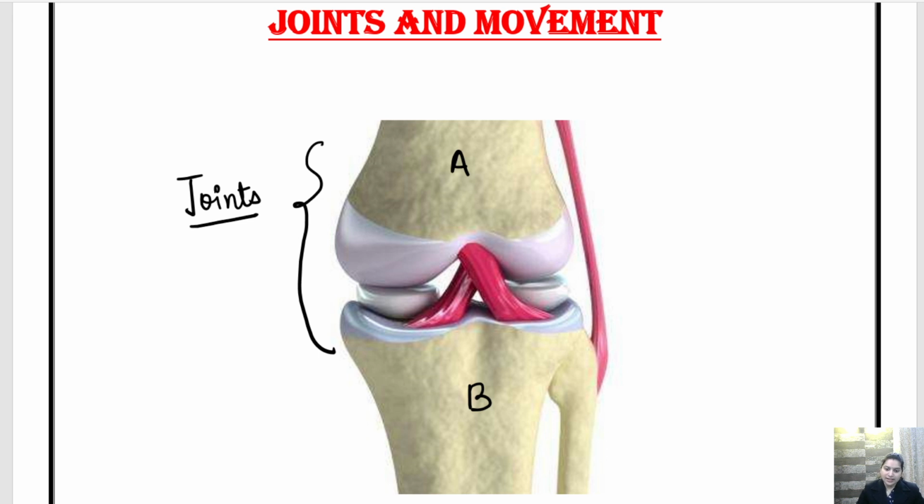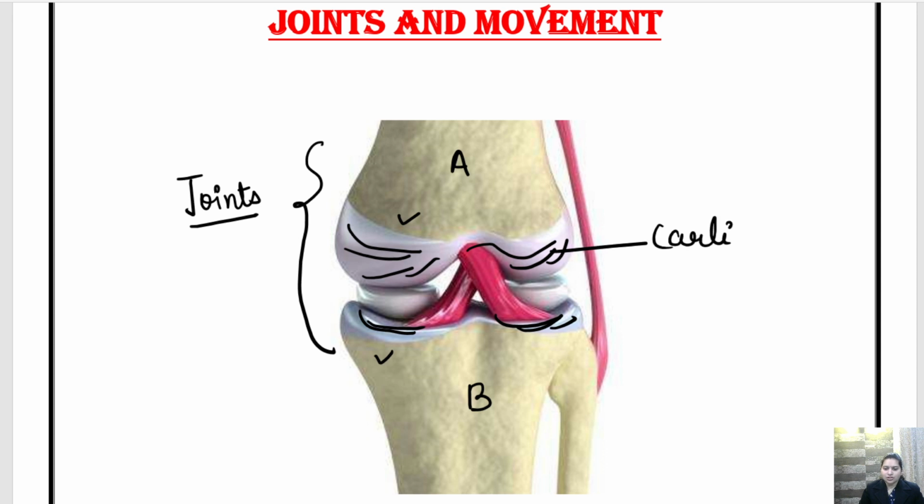Now you can see that between the two bones there is some viscous or some liquid-like structure or a fluid structure present. This is called cartilage. Okay, between every bone, wherever there are joints, this cartilage is present.